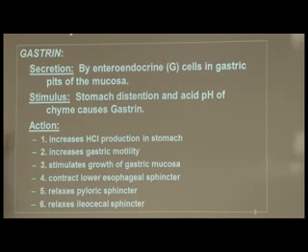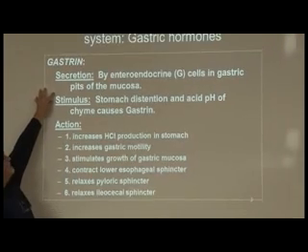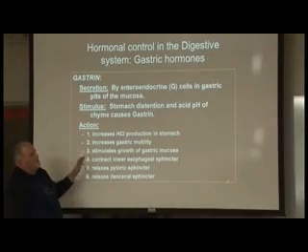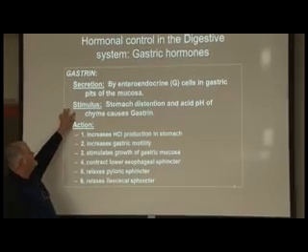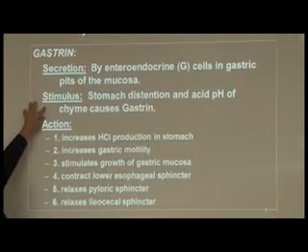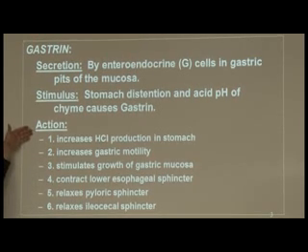Underneath it are 3 subheaders. Where the hormone is secreted is the secretion component. What causes the hormone to be secreted is the stimulus component. And the action of the hormone in regards to homeostasis within the digestive system is under the action.